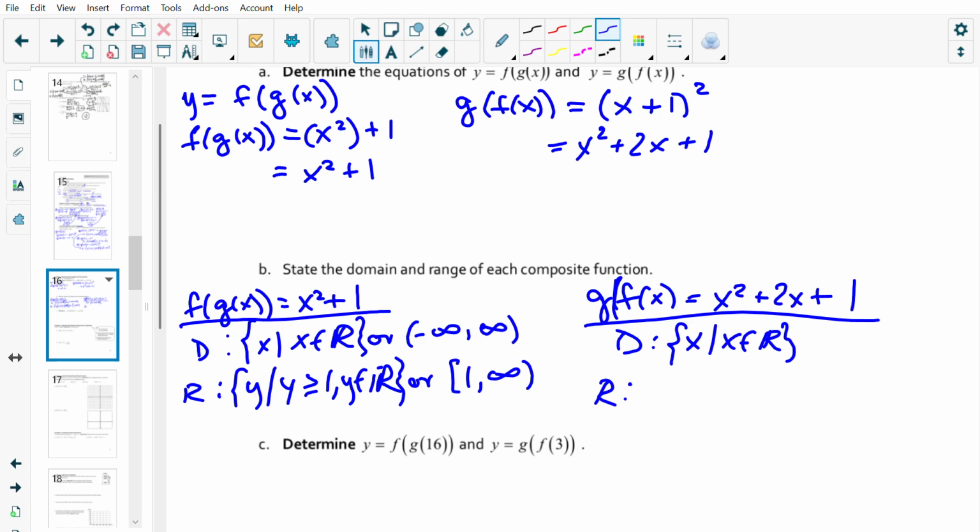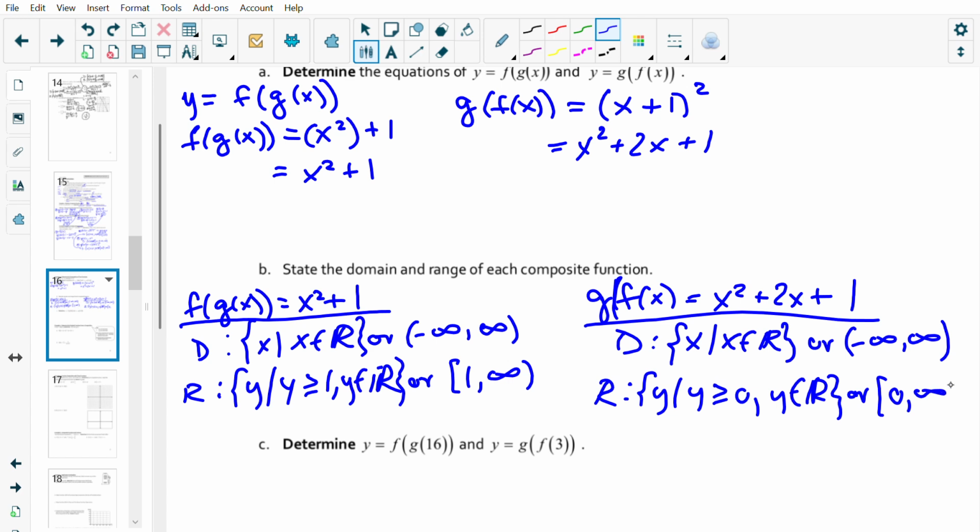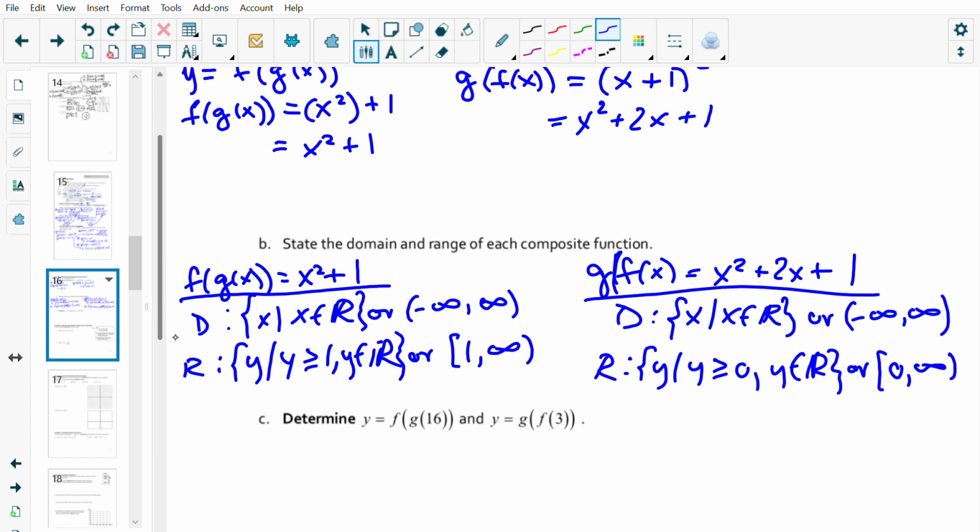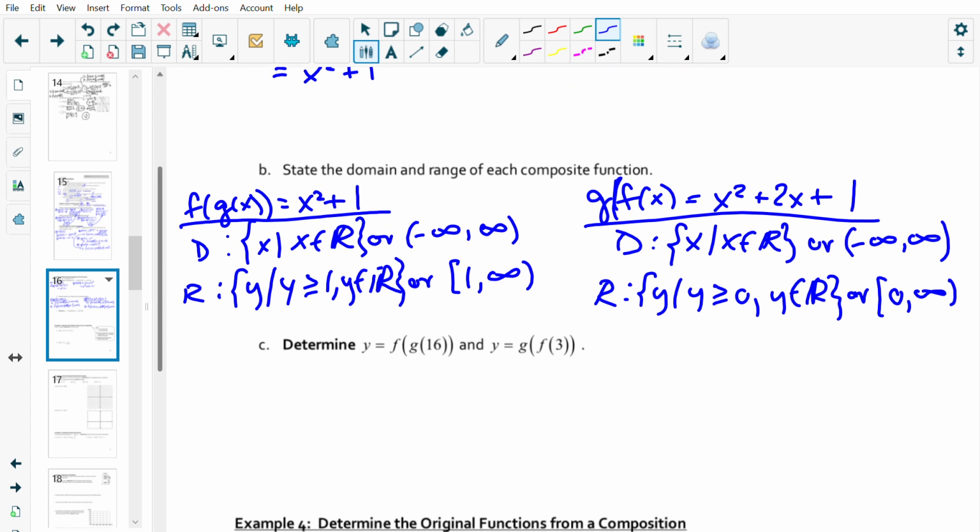If you graph this on your calculator, it will have a vertex at y equals 0. So y such that y is greater than or equal to 0. Okay, and let's not forget interval notation.